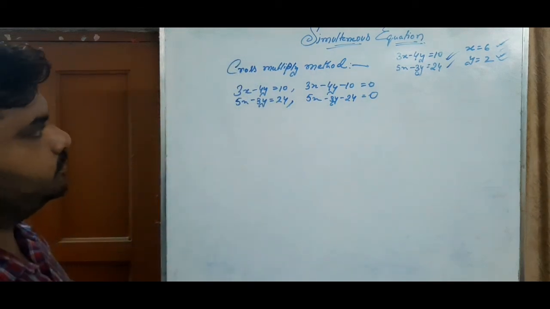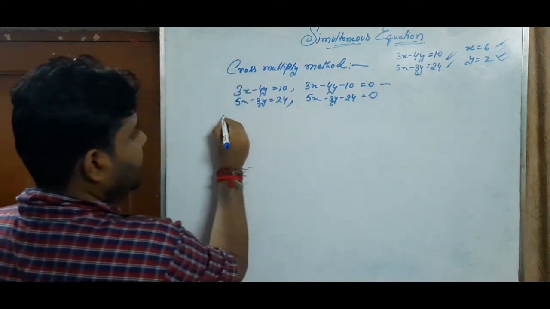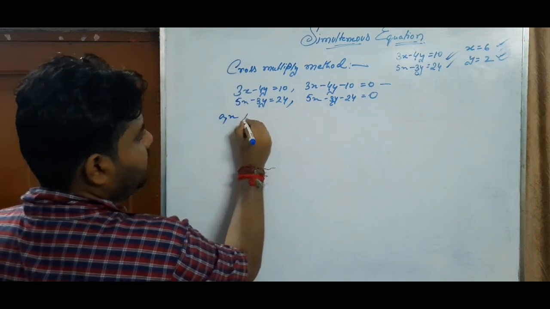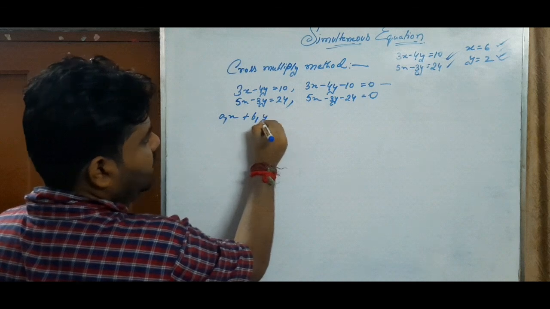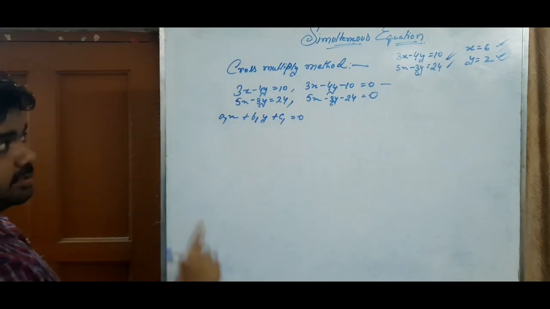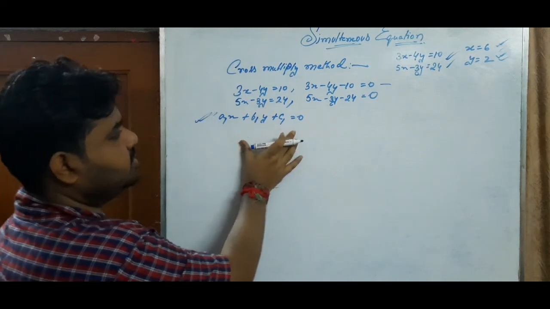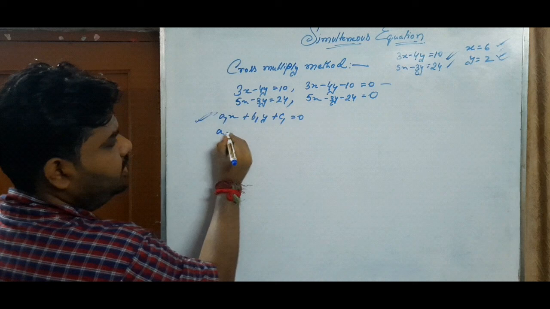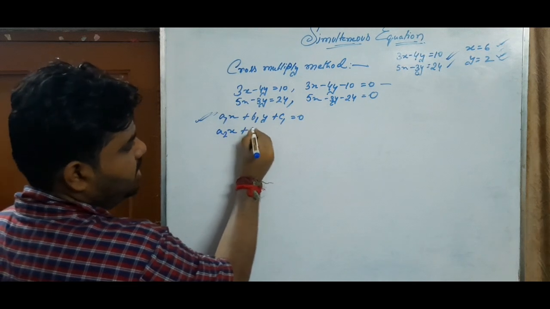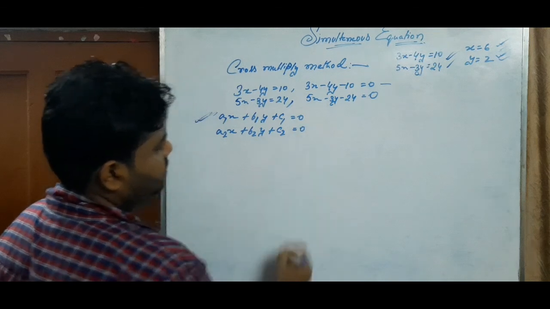Now we will consider equation 1 as a1x plus b1y plus c1 equals 0. This is equation 1. We will compare this equation, and equation 2 will be a2x plus b2y plus c2 equals 0.